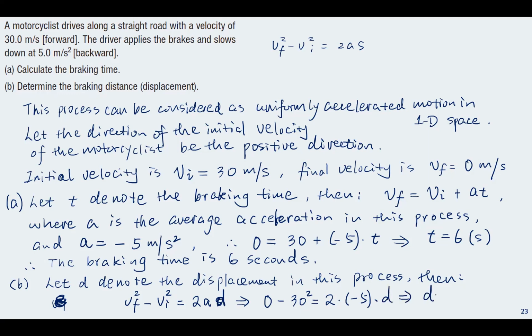That gives us D equals 900 over -10. Therefore, we have 90. Again, the SI unit for displacement is meters. So the displacement is 90 meters when the motorcyclist stops the motorcycle.